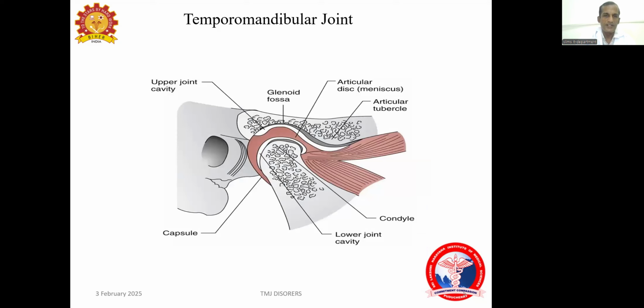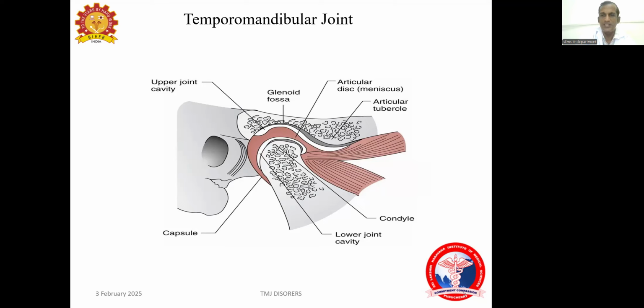The three bones, mostly the condyle, the glenoid fossa, and the articular eminence, form the skeletal components of this joint. Intervening with this is the articular disc, that is the meniscus.